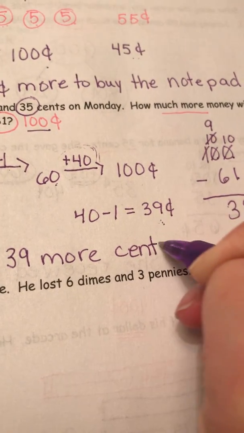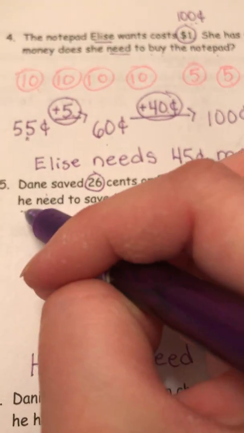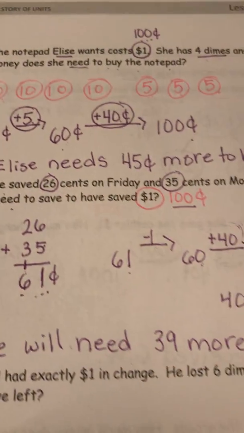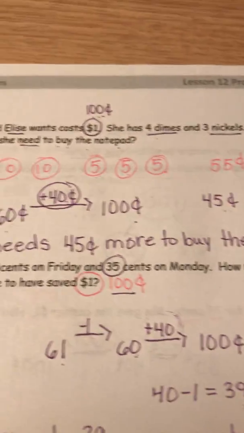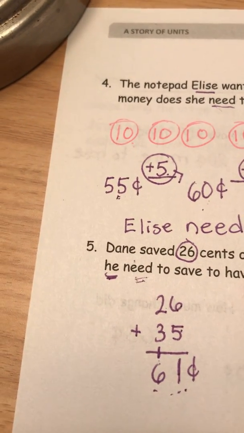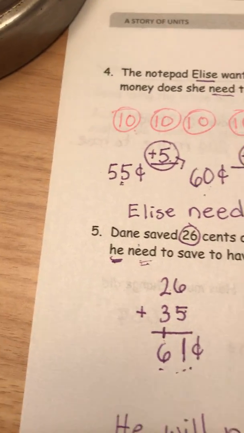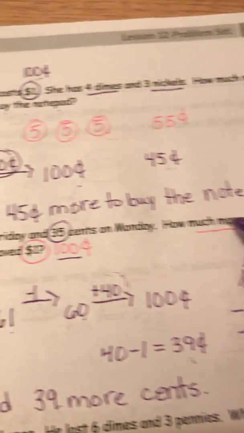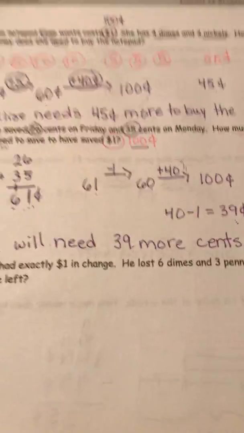And I should spell every single word right because look, they're all here. He, the only thing that will need, we had to fill in 39 because we did that math, 39 and then more cents, right? So we got every word from our problem.